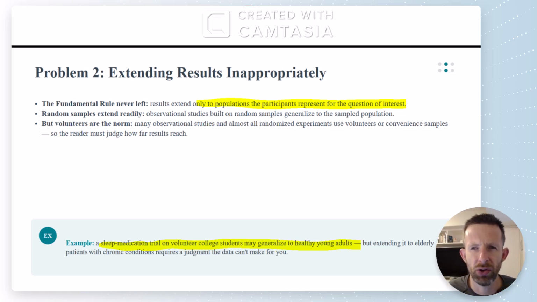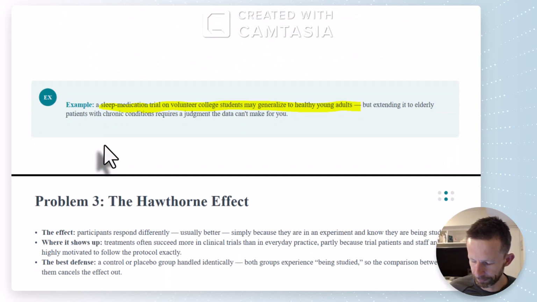So make sure you know what sort of people were part of the experiment, and you can only generalize to the type of group that these people represent. So if the volunteers were college students, you should probably only generalize to groups that are similar to college students.